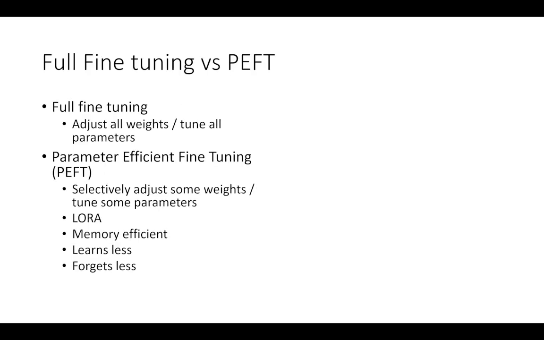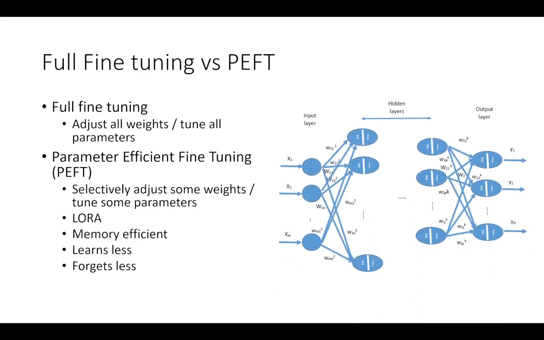Okay, so before we look at each of these techniques in detail, let's talk about this concept, which is full fine tuning versus PEFT, or parameter efficient fine tuning. Just to remind us, generative AI is based on a neural net, which is typically a transformer.